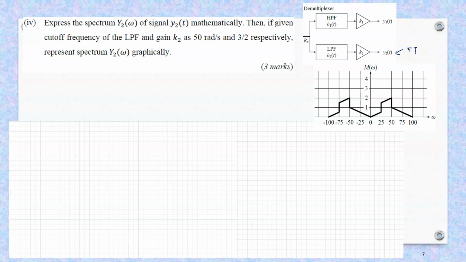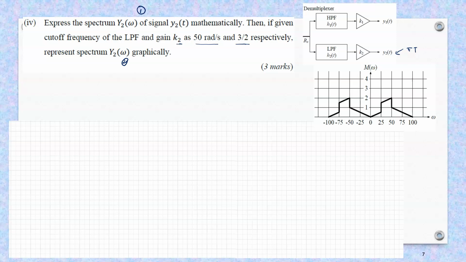Then, given the cut-off frequency of the LPF as 50 rad per second and the gain K2 as 3/2, represent the spectrum. So we have two tasks here: first, express Y2 omega mathematically, and second, represent the spectrum graphically. Basically we have to write the equation and also draw the spectrum Y2 omega.